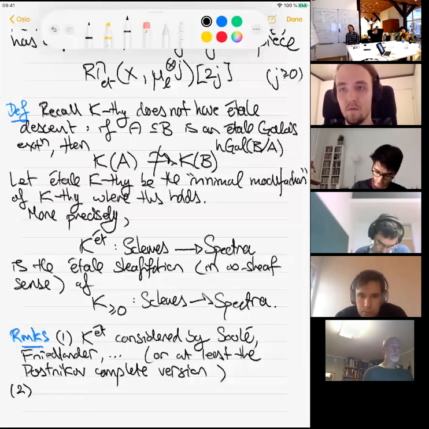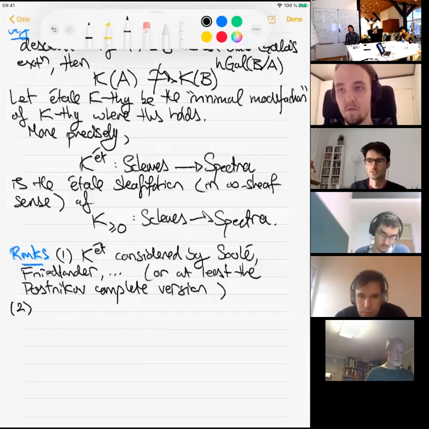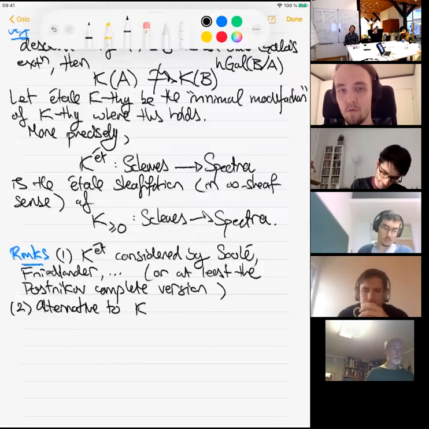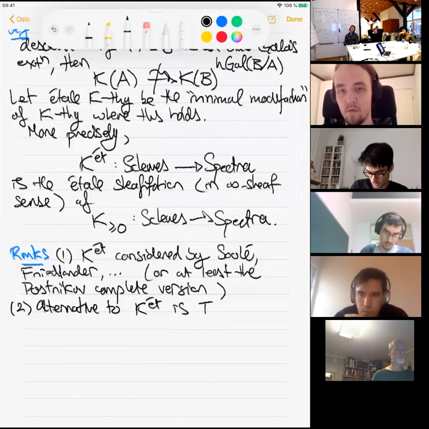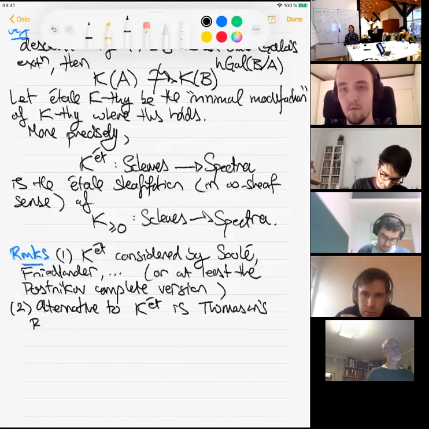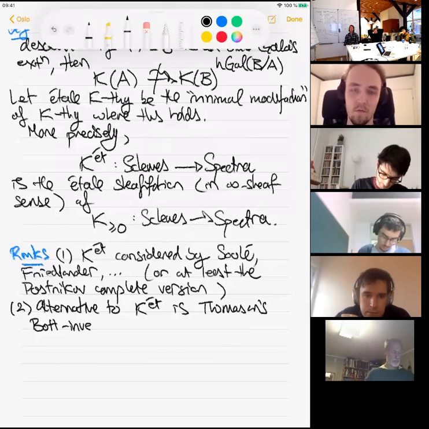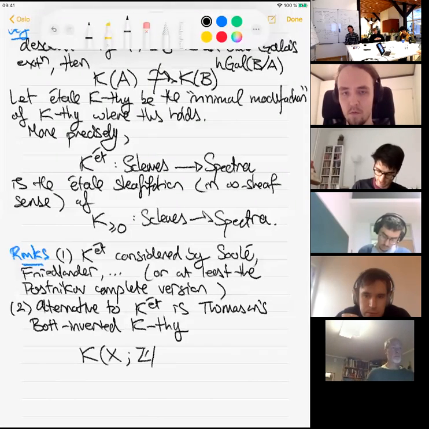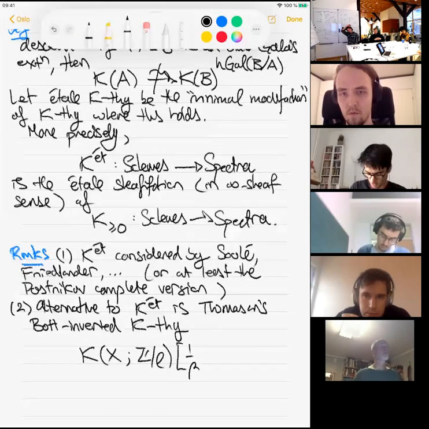So indeed, an alternative to this construction of just étale sheafifying K-theory is Thomason's Bott inverted construction. So that is to say, I look at the K-theory, and it's not going to matter now if I take connective or non-connective K-theory with Z mod L coefficients, and I just invert the Bott class in K2.